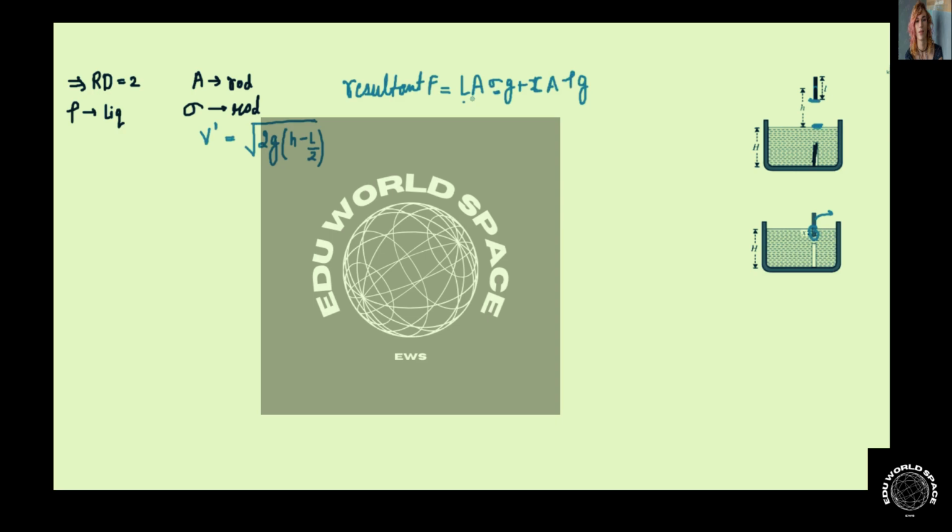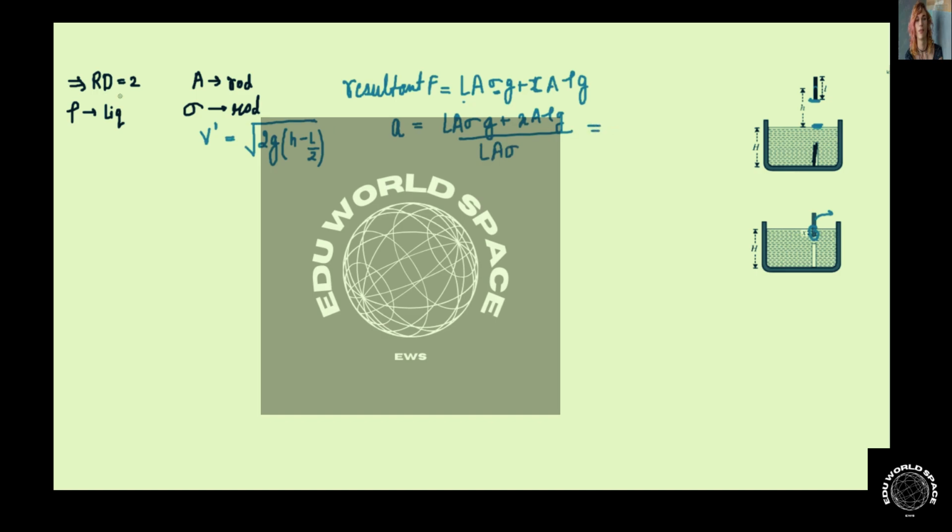Moving on to the next part, from this we can calculate the acceleration. So it will be LA sigma g plus XA rho g upon, we won't write m because we have to write everything in terms of density, area and length. So it will become LA sigma.